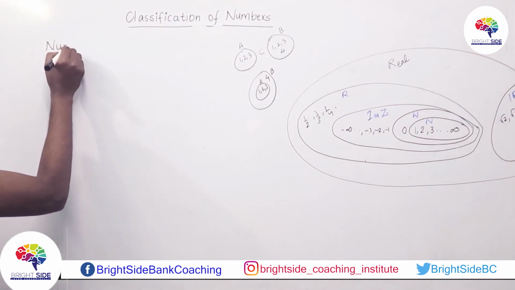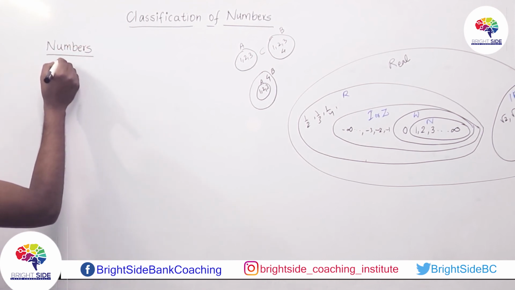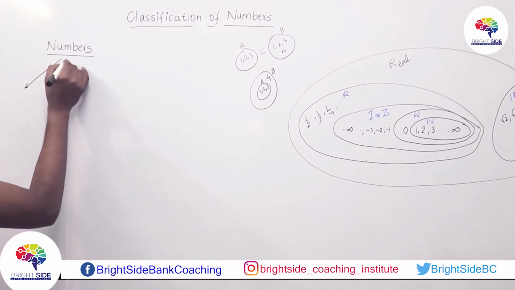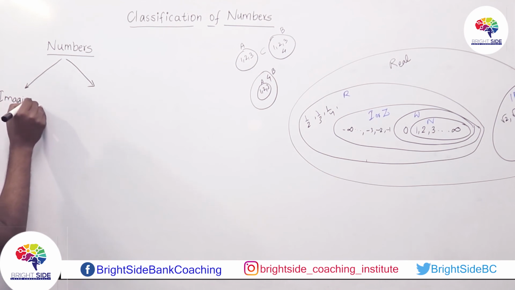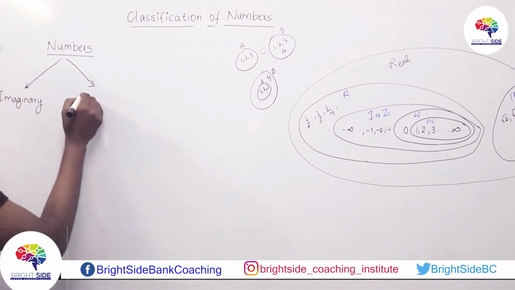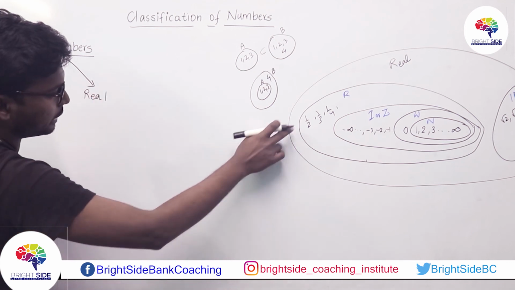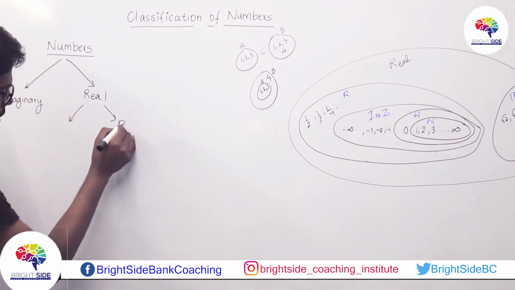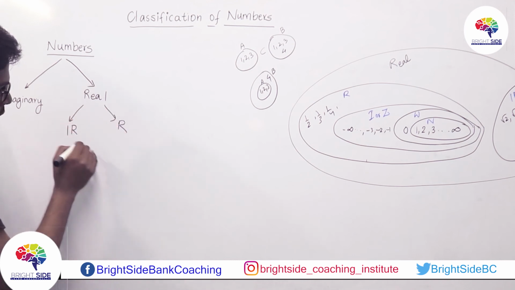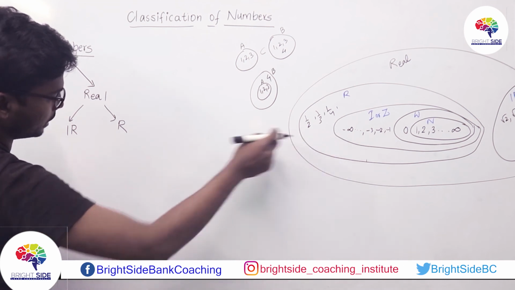All the numbers can be represented or can be classified into imaginary or real numbers. So real numbers can be rational or irrational. All the rational numbers can be integers or fractions.